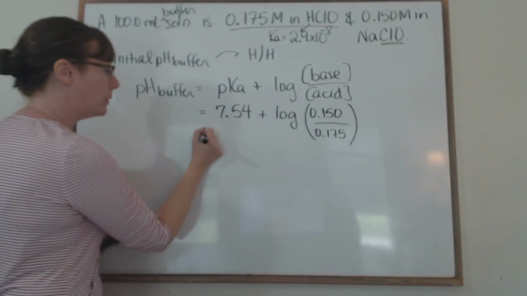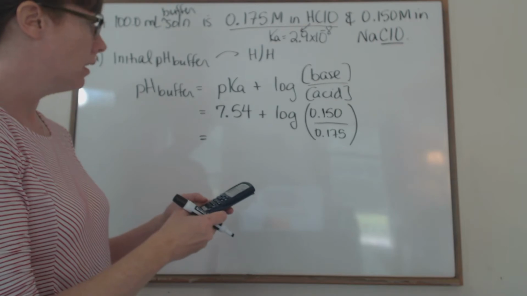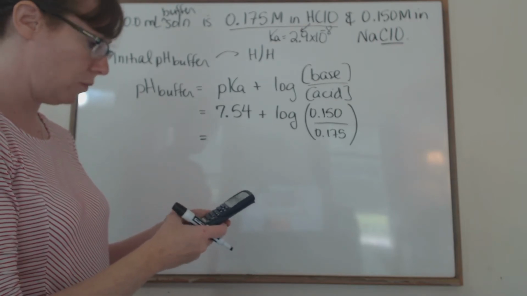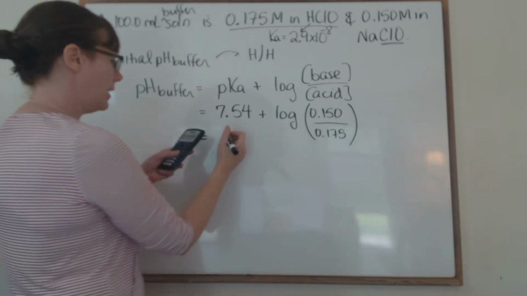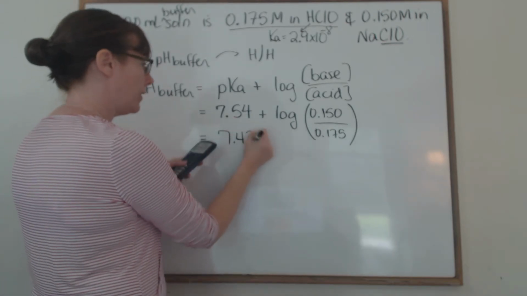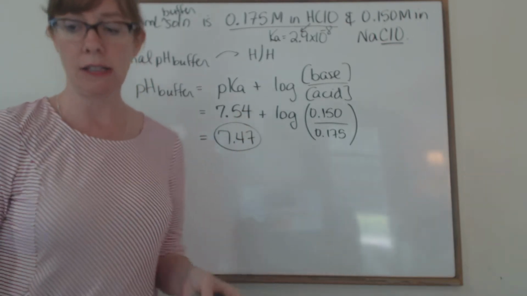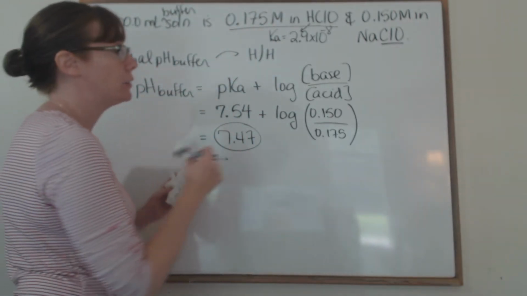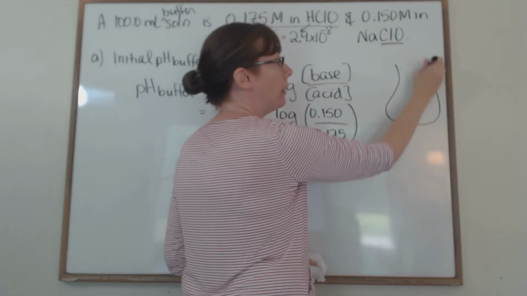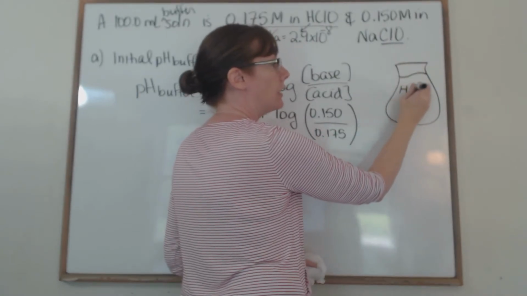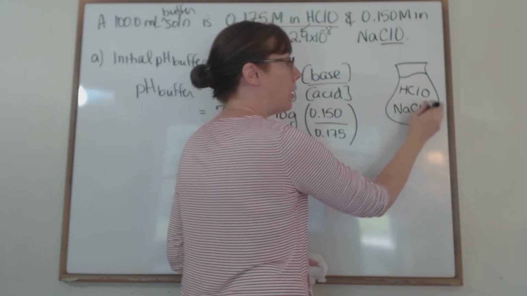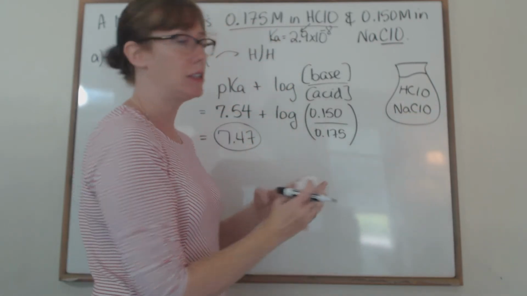So I just put that all in my calculator: plus the log of 0.15 divided by 0.175. And that is 7.47. So that's the first answer. That's the pH of the buffer before you've added anything into it. Really, we're at the stage where you have HClO and NaClO just sitting there. You haven't added anything to it.